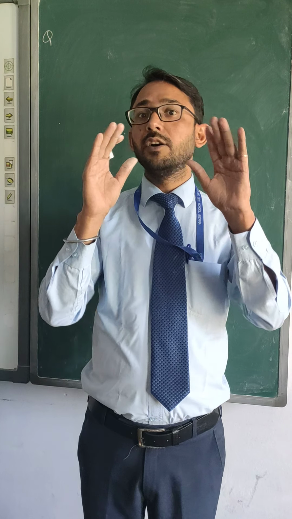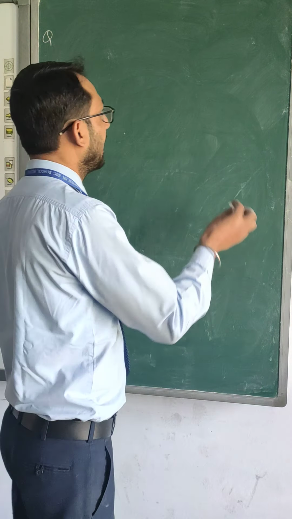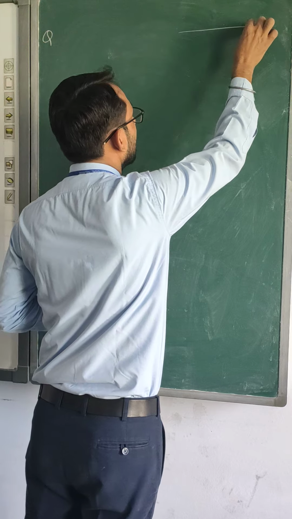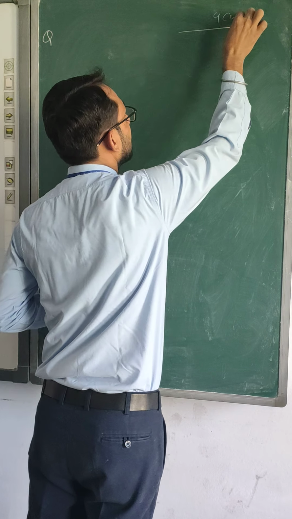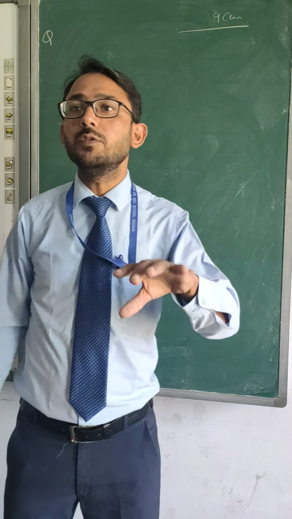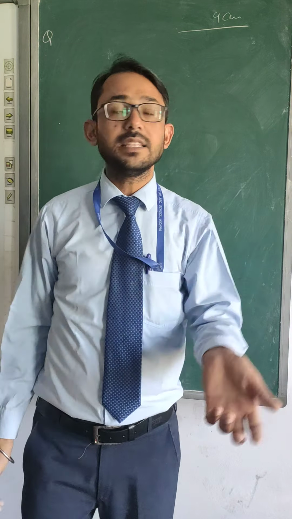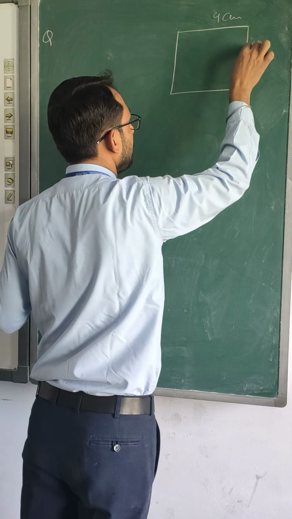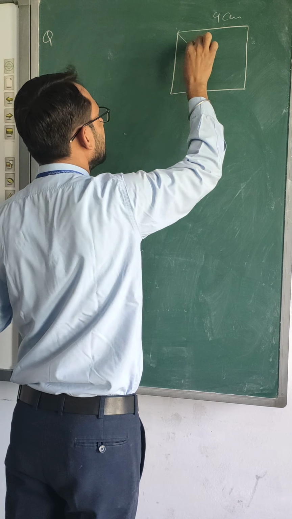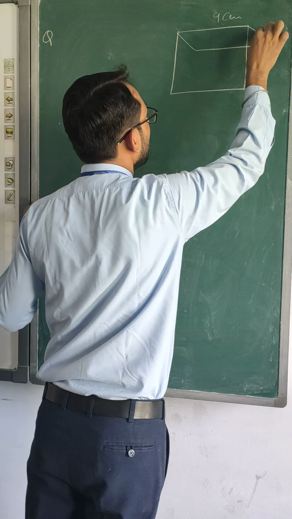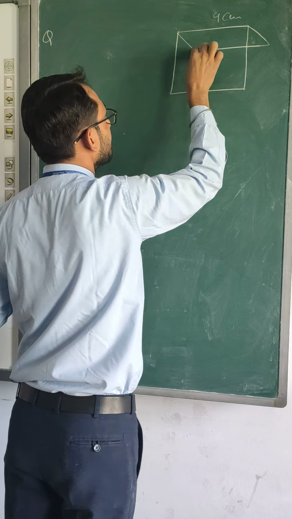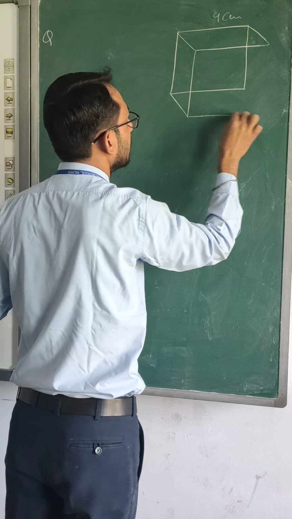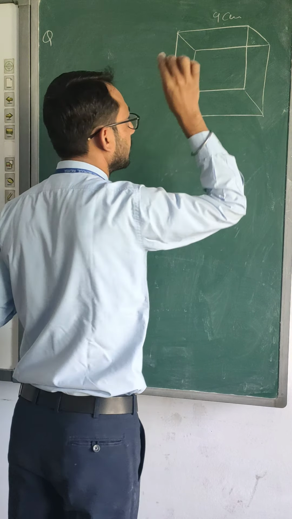First question I am taking: there is a cube of side 9 centimeter, and we want to cut it into small cubes of side 3 centimeter.